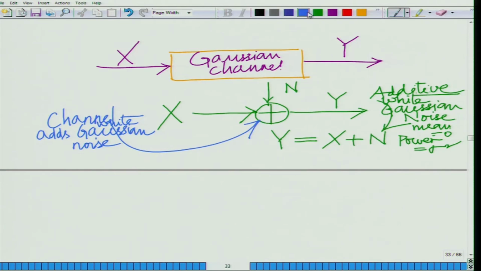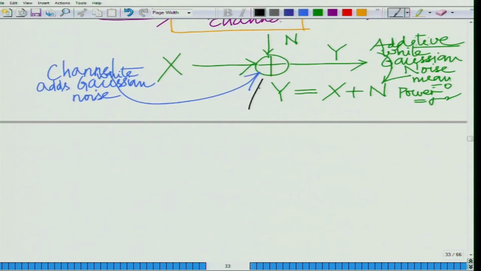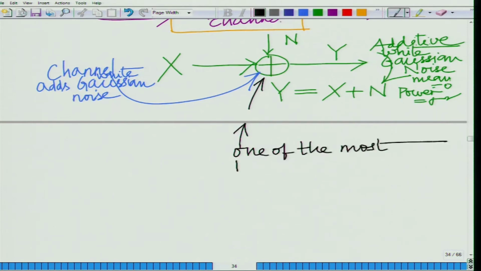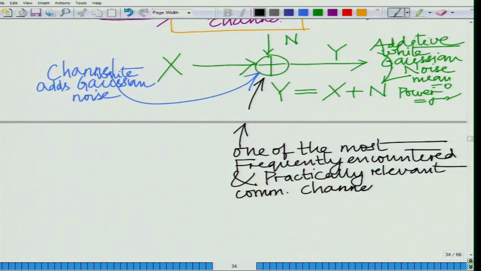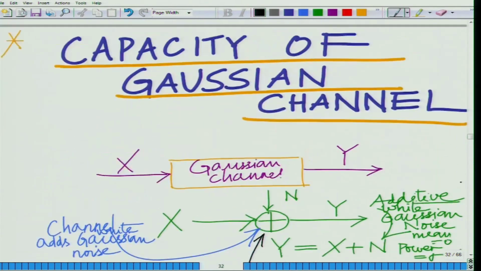This is, as I have already mentioned several times before, one of the most frequently encountered and practically relevant communication channel models. And what do we mean by the capacity of this channel?